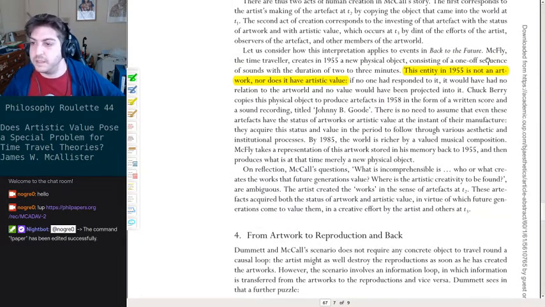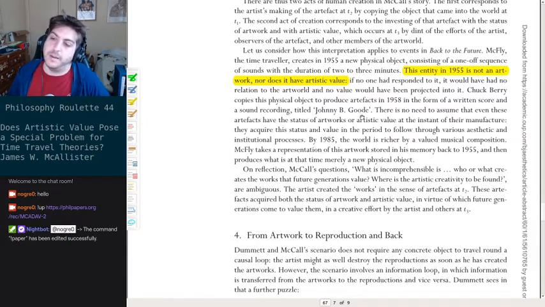See, this entity in 1955 is not an artwork, nor does it have artistic value. Now, if you remember the movie, which you might, Marty McFly is playing this on stage at a high school dance. Everyone else in the room, except for himself and Chuck Berry, and Chuck Berry's cousin, don't really appreciate it at that time.